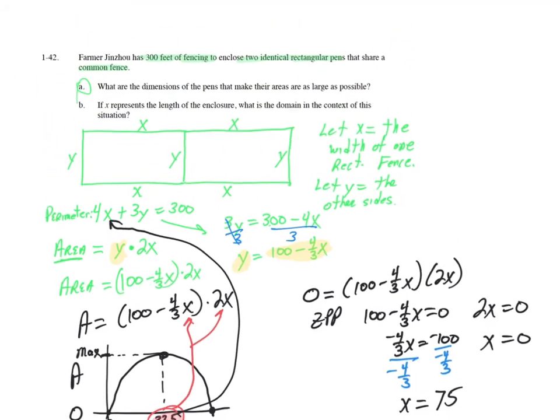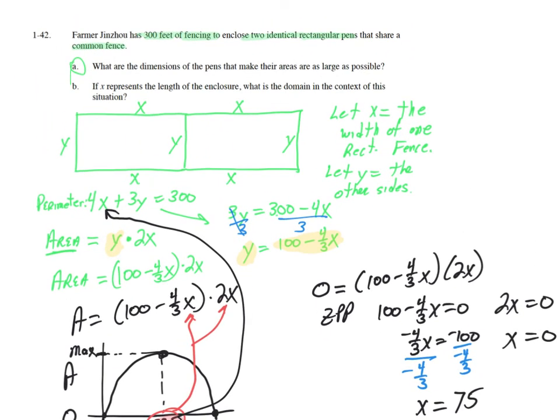So our dimensions are x equaling 37.5 feet by 50 feet.